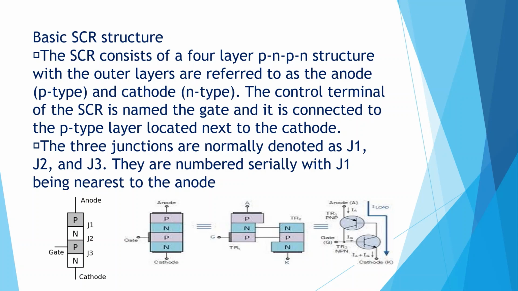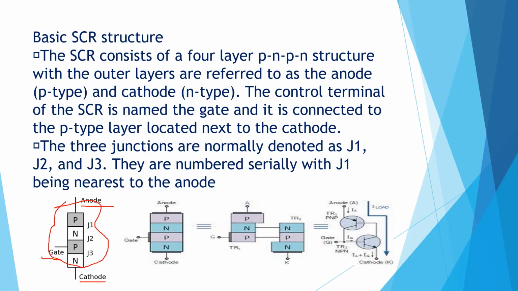Now, the basic structure of your SCR. The SCR consists of a four-layer PNPN structure. This is what you can see over here. In the PNPN structure, the outer p-type layer is referred to as the anode, and the other outer layer, the n region, is called the cathode. The control terminal of the SCR is named the gate, and it is connected to the p-type layer located next to the cathode.